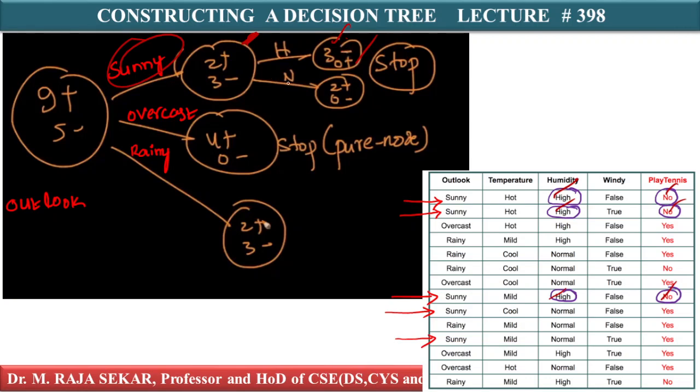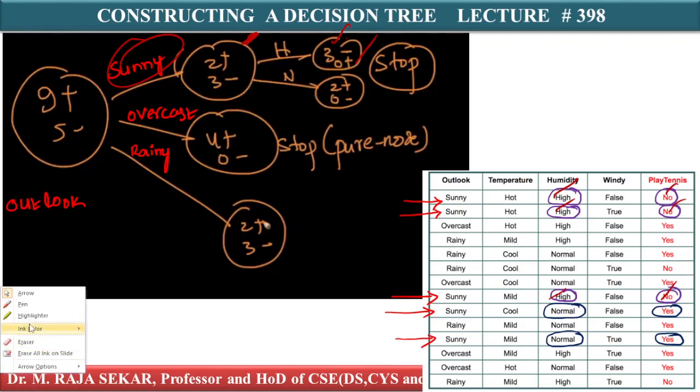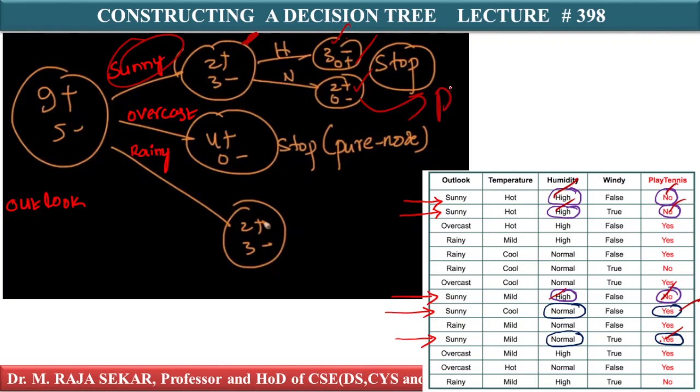In a similar manner, count normal. How many normals? 2 normals. The corresponding labels are yes, yes. 2 yeses, 0 nos. This is also a pure node.